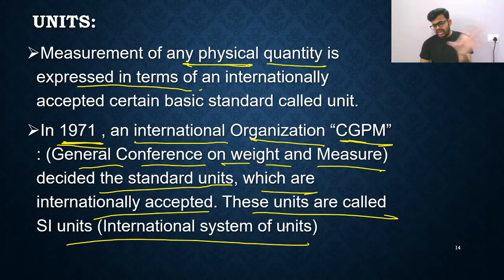In some countries like British countries, they talk about weight and say 400 pounds, LBS. If you come to India, you say in kilograms. So in different countries, different units are used.